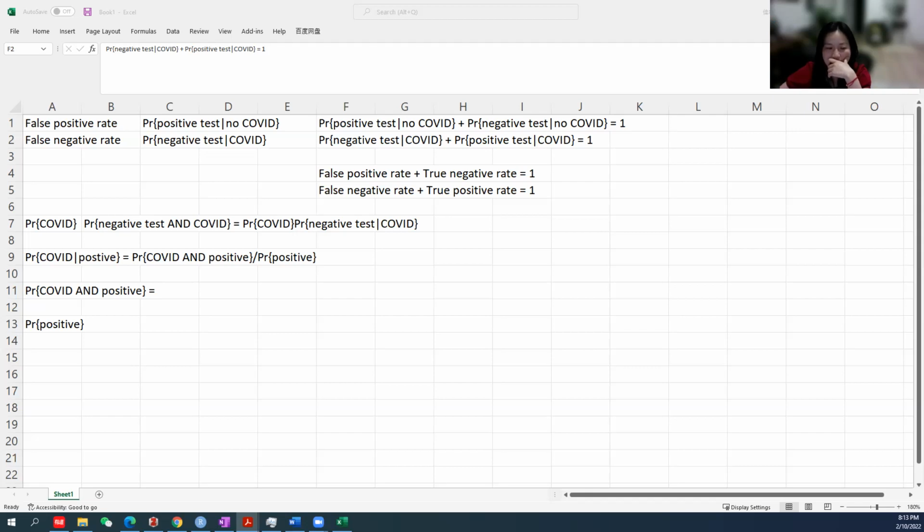From what I'm hearing, I'm saying the survey of people who have COVID. So the false negative rate is 5%. That means among the people who have COVID, there is a 5% chance that the test shows negative.